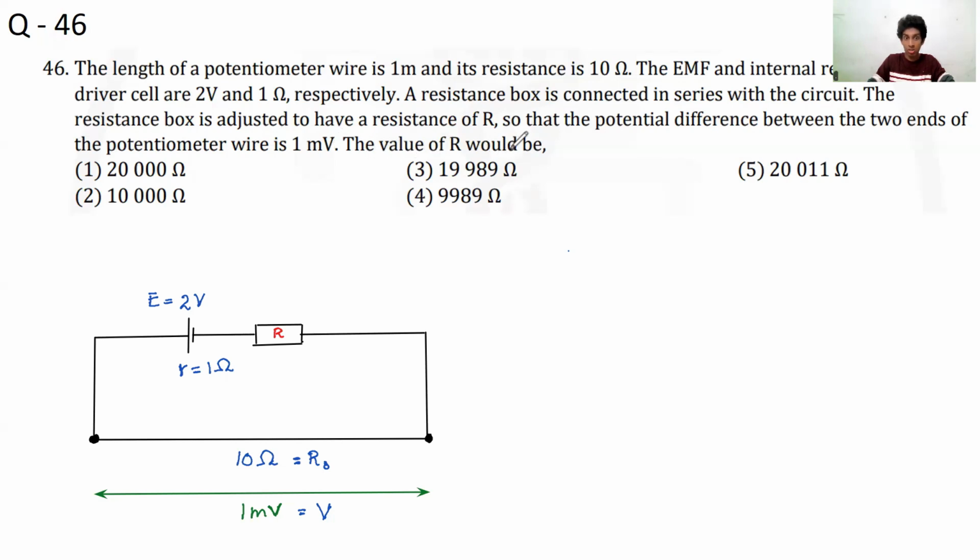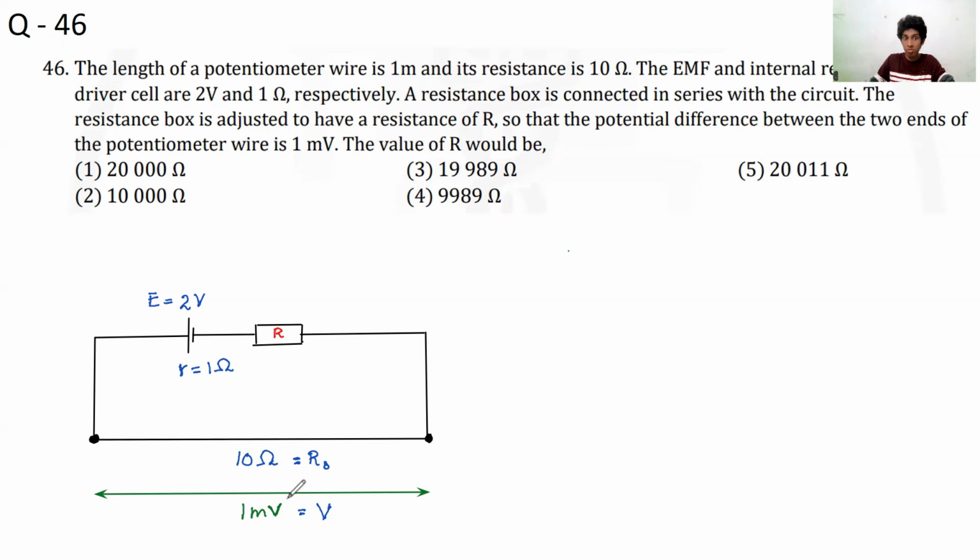The value of R would be: this is the potentiometer wire and its resistance is 10 ohm. And this is the driver cell, so its EMF is 2 volts and its internal resistance is 1 ohm. And this is the resistance box, which is adjusted to have a resistance of R. So they have mentioned that the voltage difference between the two ends of the potentiometer wire is 1 millivolt.